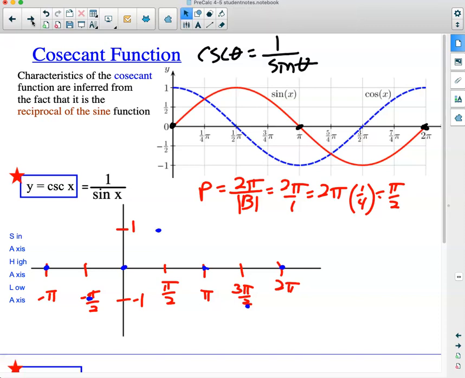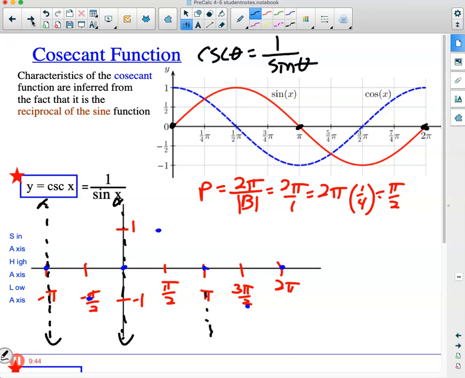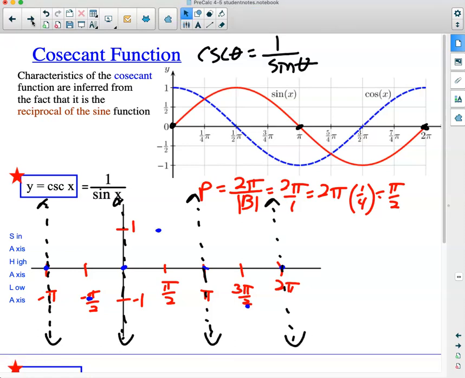Well, pretty obvious from our graph. Where we have the points on the x-axis is what we're looking for. So we'll go ahead and put those asymptotes on. Any of those points that have a y value of 0, because 1 over 0 will be undefined.